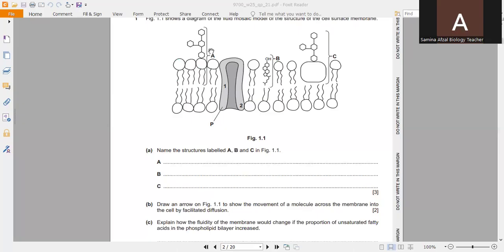Larger molecules will be forbidden to pass through, so they need transporter proteins, carrier proteins, to move through. So here in this case, we can draw an arrow in this direction.